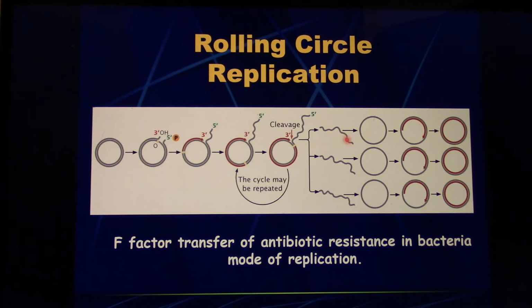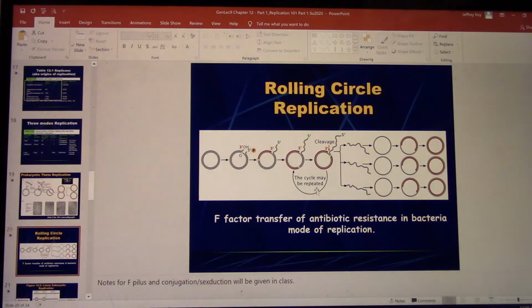And it can actually go off on its own and recircularize and be a template for a new DNA strand so that you can end up with double-stranded DNA. I want to go over to the whiteboard in a second. We can actually transfer antibiotic resistance genes from one bacteria to another using this method of rolling circle replication.